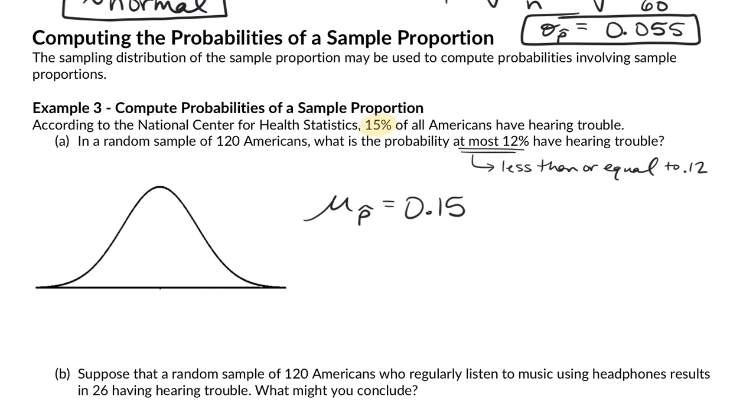The other thing we need to figure out this probability is the standard deviation of p hat. So we use that formula, which is the square root of 0.15 multiplied by 1 minus 0.15 all over the sample size, which is how many? 120.